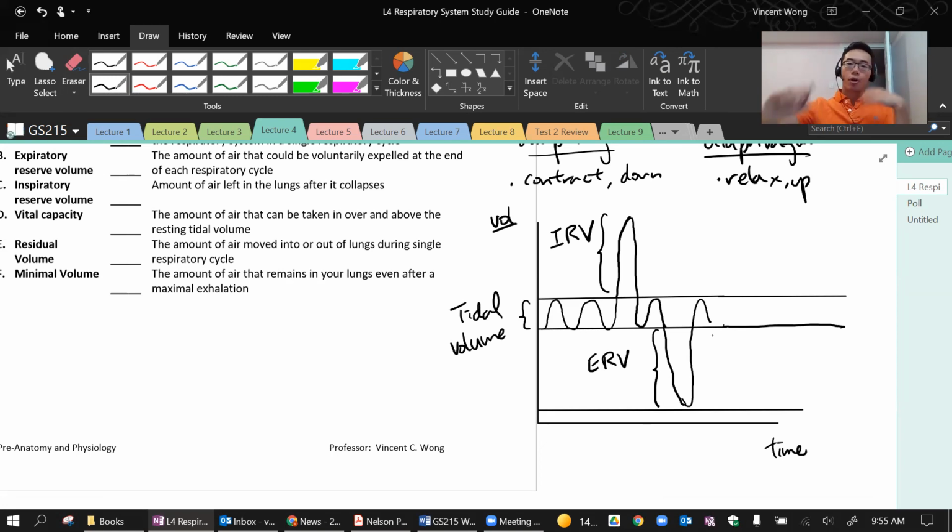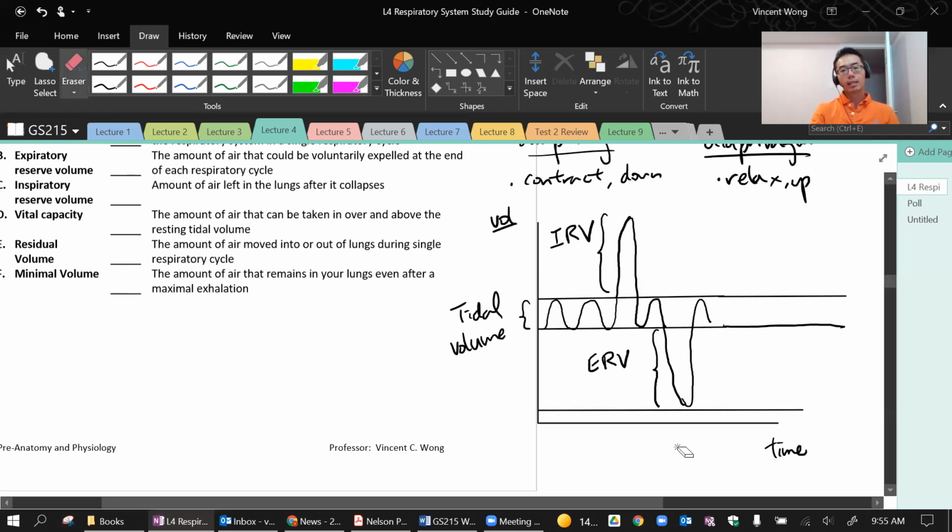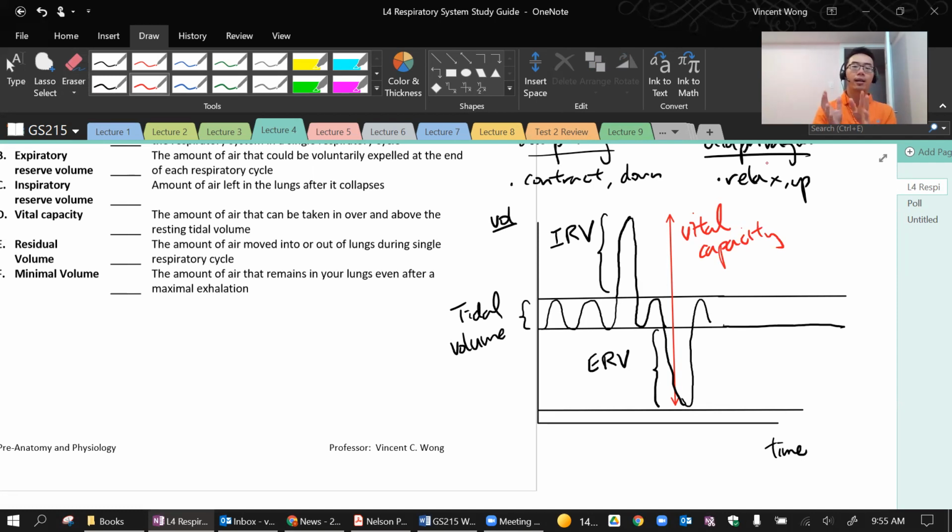Suppose we breathe out as much as we can, all the air out, then you're going to be at this point. From that point on, you breathe in as much as you can, all the way back up to the top. So you just went from the lowest possible point to the highest possible point. That is the vital capacity. That is the maximum amount of air that you can voluntarily move into and out of your system.